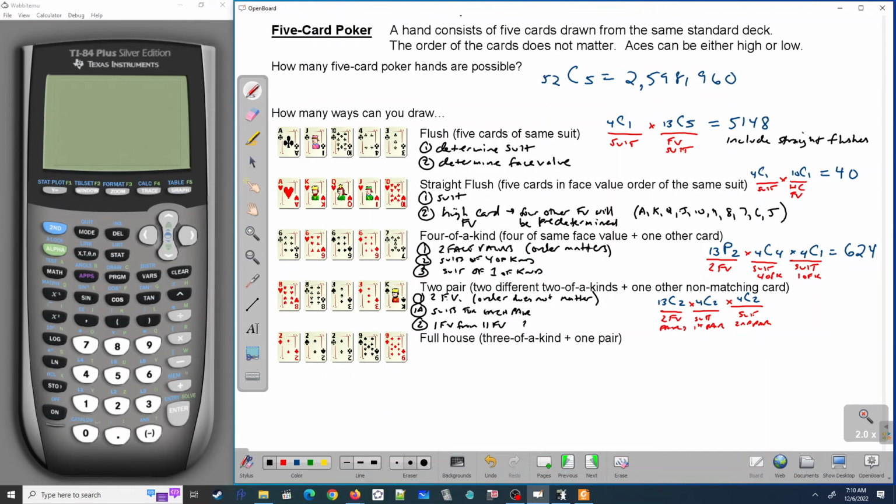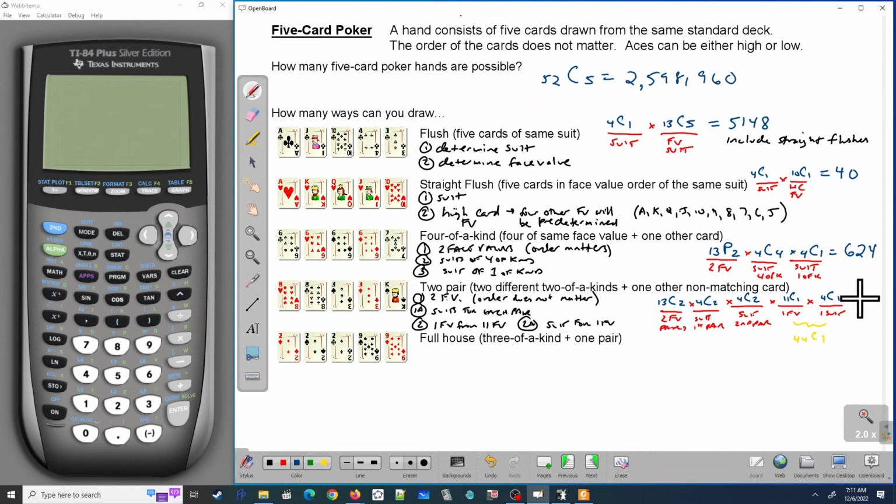And then I would need a suit for that one card, a suit for the one face value. And I could do this as two separate parts right here. I could say here's my one face value and here's my one suit. I could say it was 11C1 and 4C1, but I could have also merged this together if I wanted to, and just realize once I pick my two pairs, there's only 44 cards total. That's the 11 face values and their 4 suits, and I could have just rewritten this as 44C1.